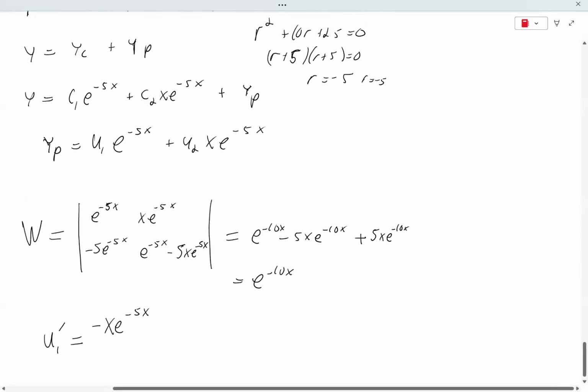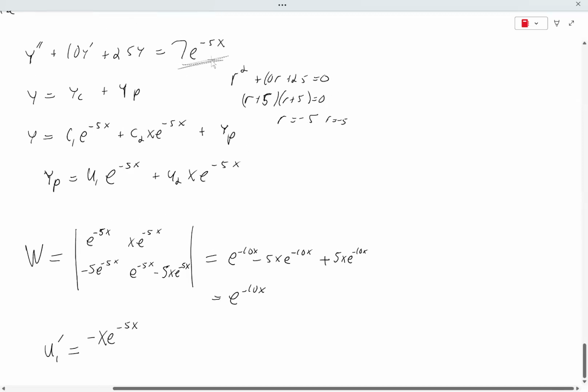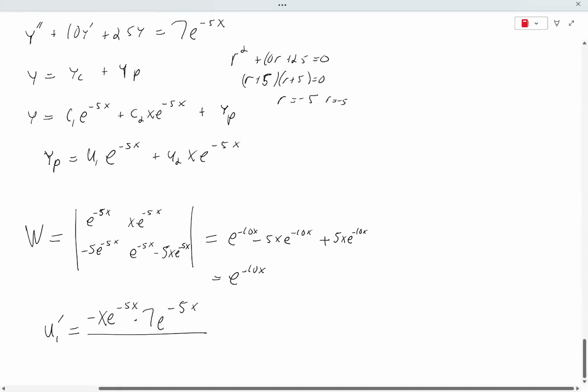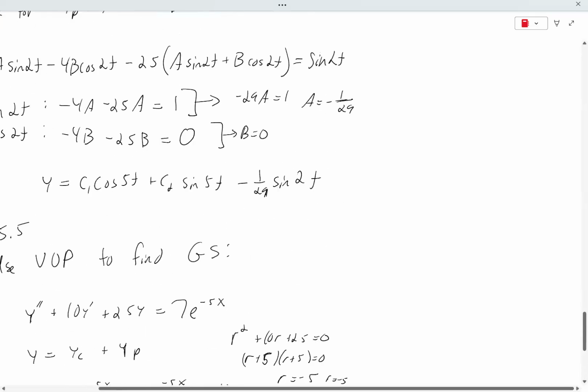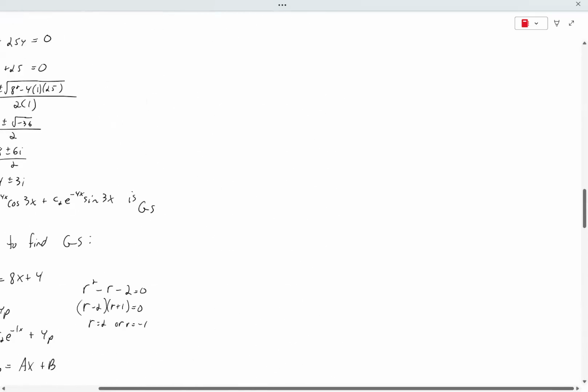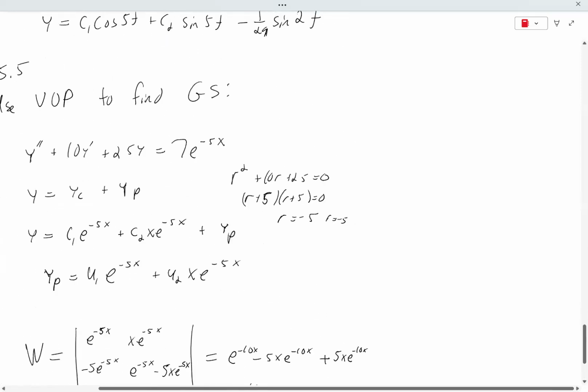What was our f of x? That was this one up here, right? So that's finally where we start using the f of x. So it's 7 e to the negative 5x over, divided by the W, the e to the negative 10x. Is that right? It's negative y2 f of x. Is that the formula? Can't recollect. I think that's right, okay, it's negative y2. Okay, right, so we have that.